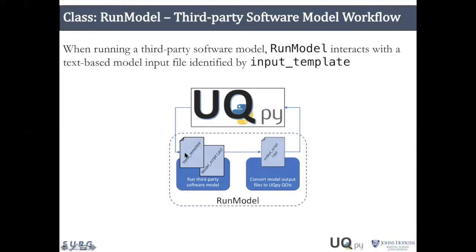Samples are passed in, and the model script is executed using the input template. And then an output script is defined, which post-processes the output from the model and returns the quantity of interest to UQpy.